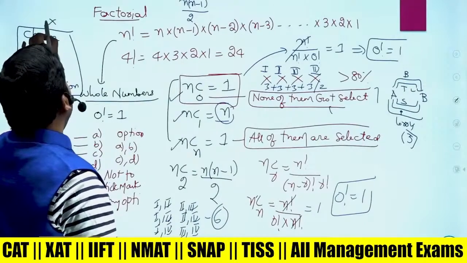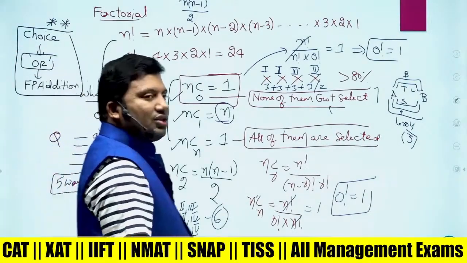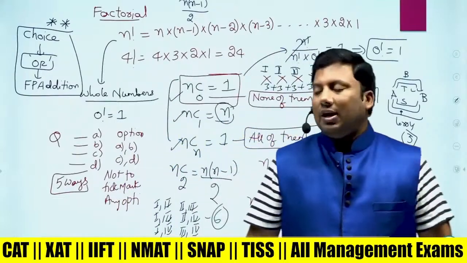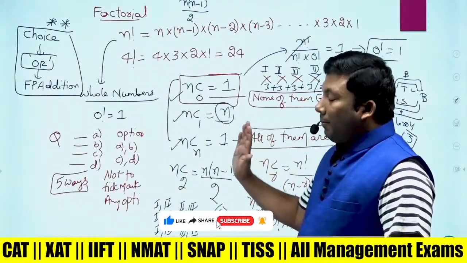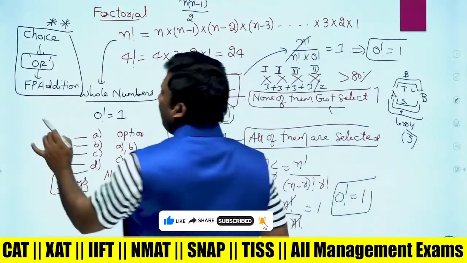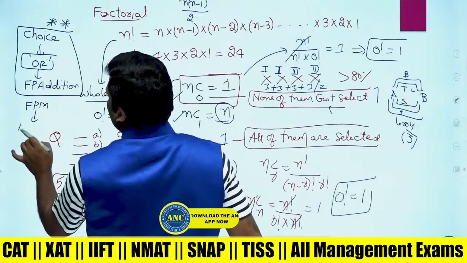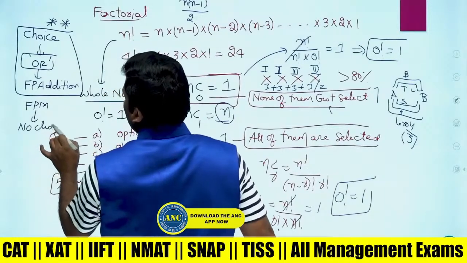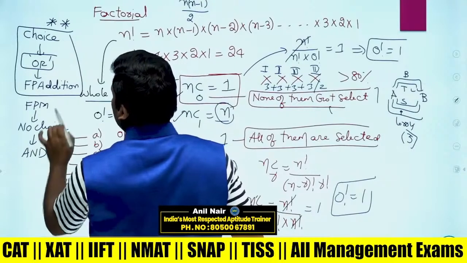Wherever there is a choice to make, I will use the or keyword from English, or I will use the fundamental principle of addition. Multiplication is for and. Fundamental principle of multiplication, when there is no choice to make. When there is no choice to make, the and keyword is there.